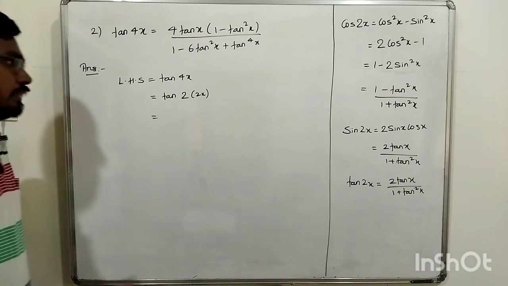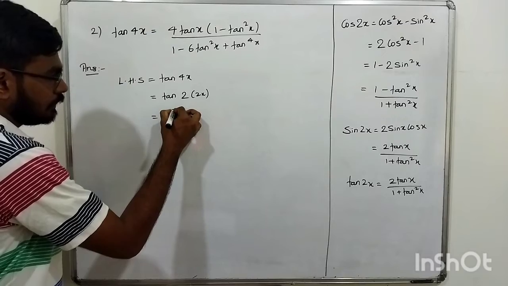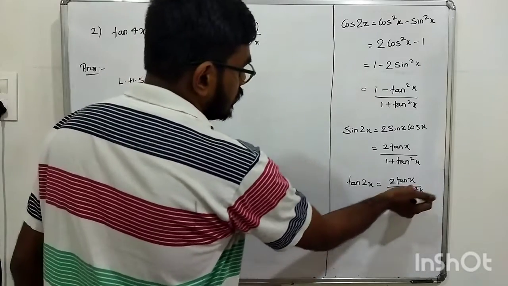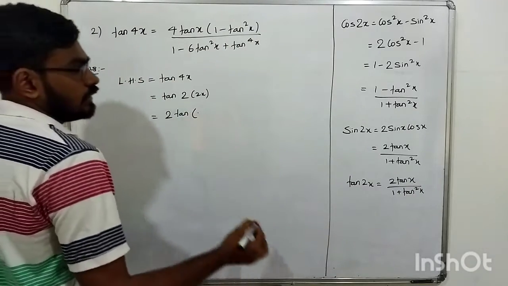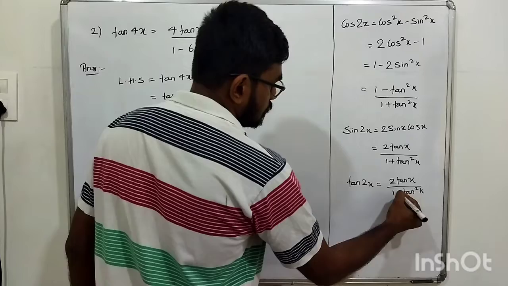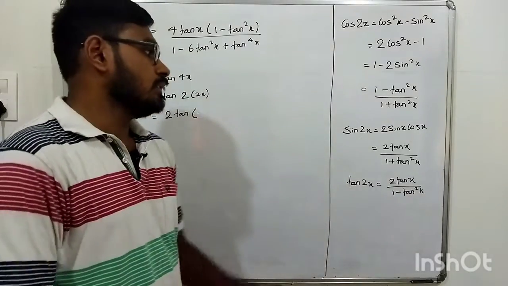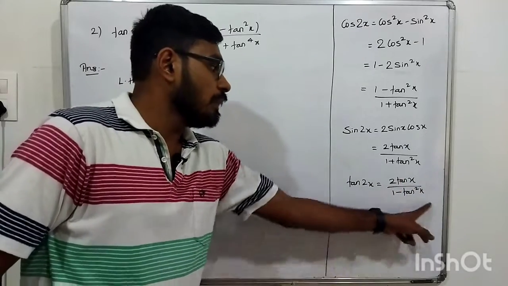Next, simplify. Tan 2 times 2x is what? Tan 2x is 2 tan x upon 1 minus tan square x.